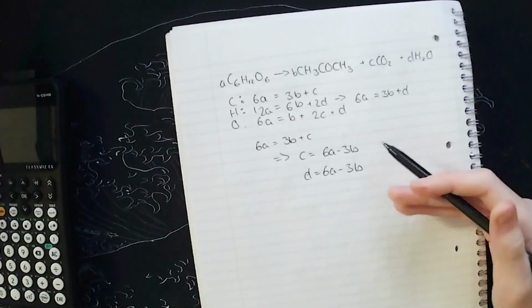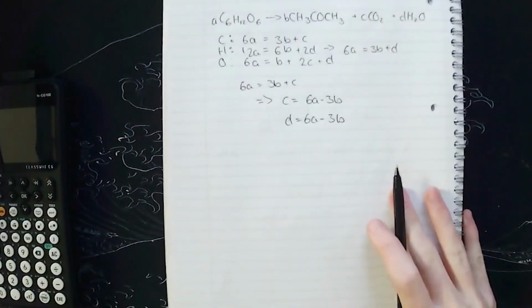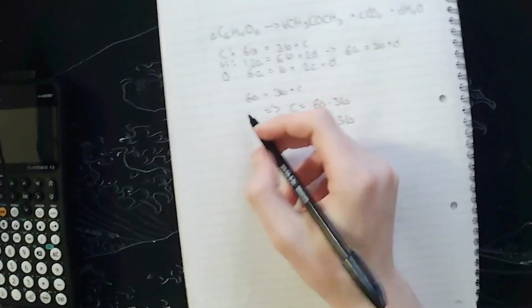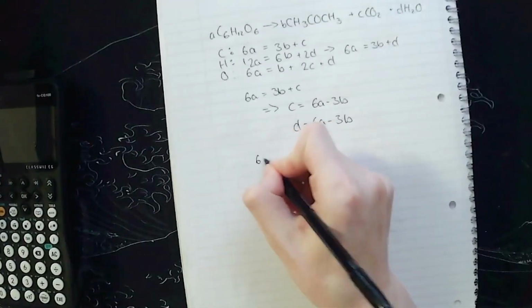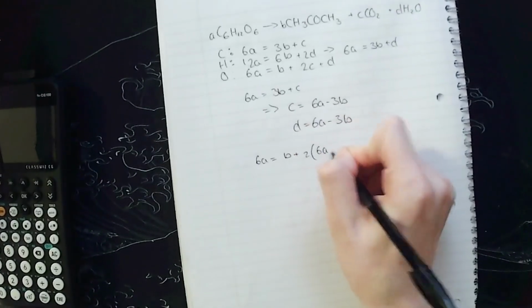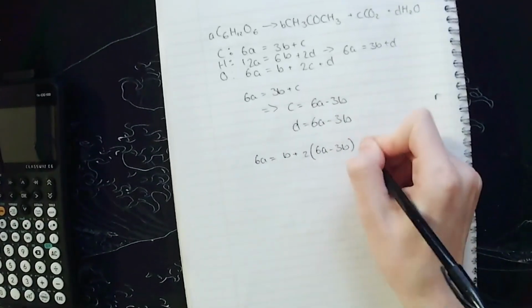But you might not be able to see the answer with this one, so we're going to go through with it fully. The next thing we're going to do is substitute into our oxygen equation, which is 6A is equal to B plus 2 lots of C plus 1D.